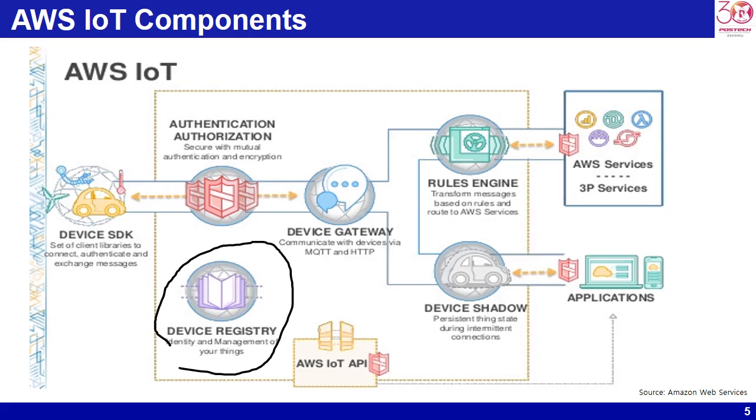Thing Shadow is also referred to as device shadow, a JSON document used to store and retrieve current state information for a thing, device, app, and so on. Thing Shadows service provides persistent representations of your things in the AWS cloud.